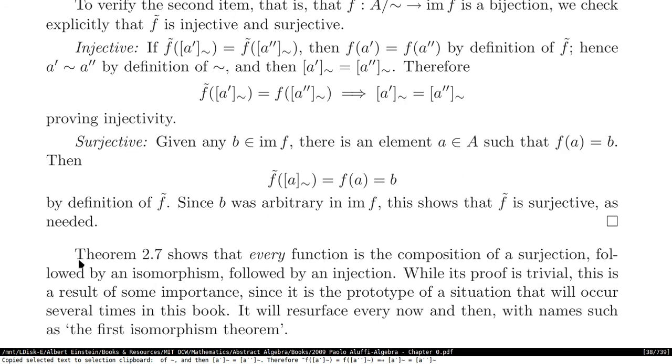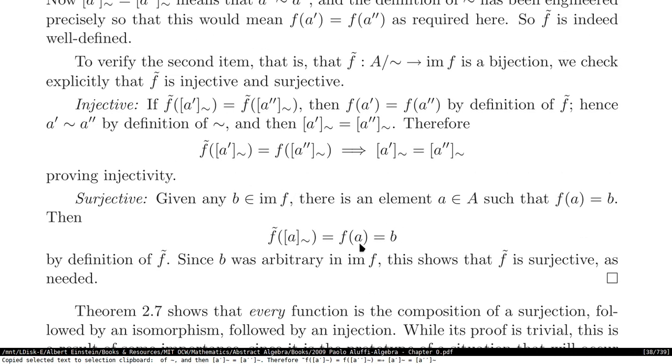And for surjectivity, again, you just follow the definition. If you take B as any image of f, then there is an element A such that f of A is B, right? And that's because it's an image. So if you have some equivalence class of A and you apply f tilde on it, you get f of A, but f of A is just B as we assumed.